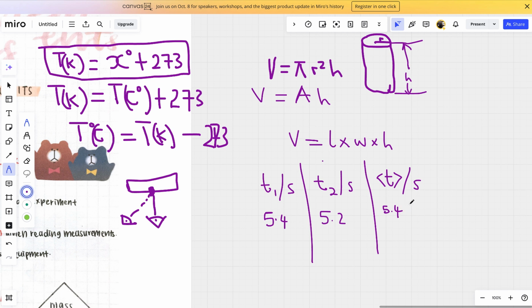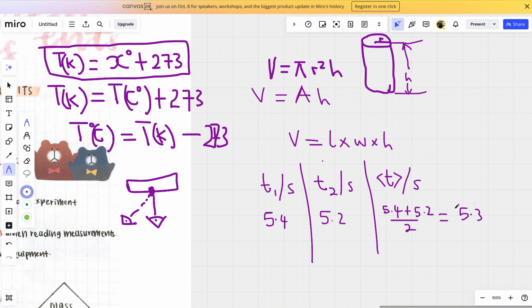Divide by 2, you get 5.3. So 5.3 is the most accurate value of that time measurement. It means it will take 5.3 seconds more accurately for the 10 complete oscillations.